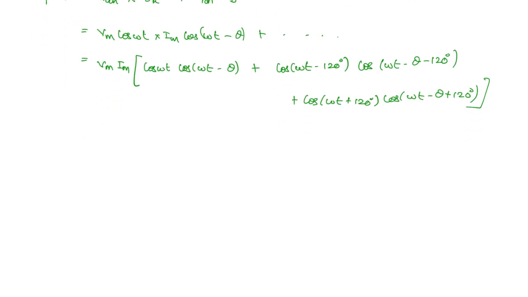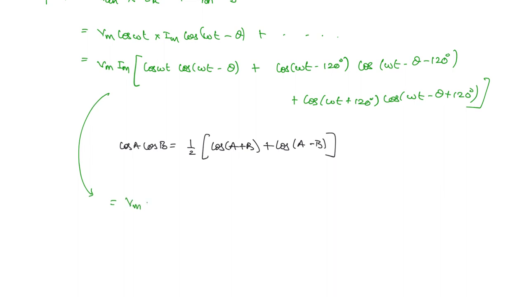Here we'll make use of a trigonometric expression: cos A cos B we can write as 1 by 2 [cos(A plus B) plus cos(A minus B)], right? This you can apply for each of these expressions here. So if you take cos omega t into cos(omega t minus theta), what will you get? Vm Im is anyway outside; omega t is A, omega t minus theta is B. So you will get cos(2 omega t minus theta) plus cos theta.